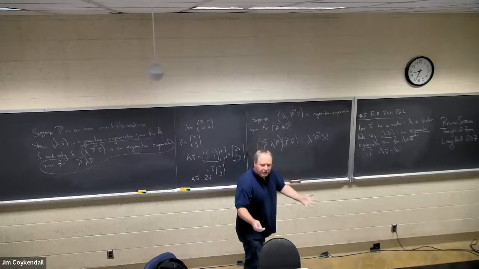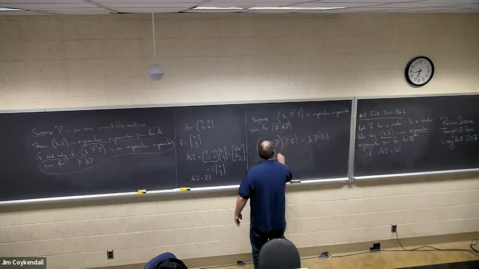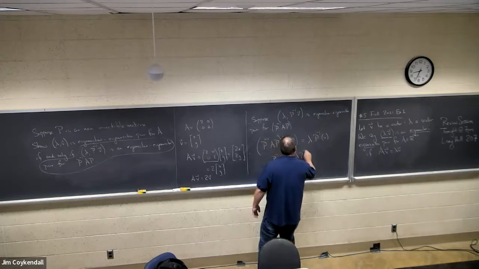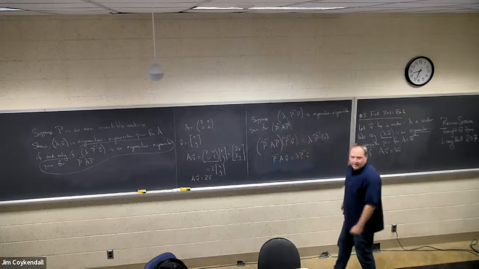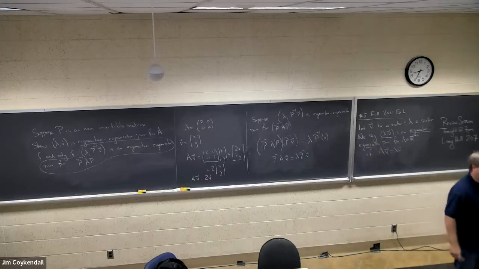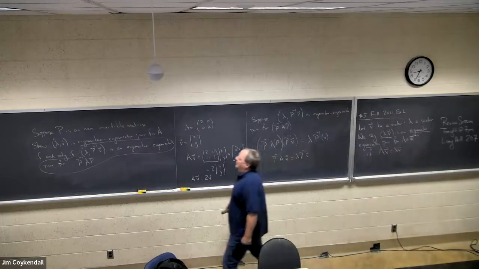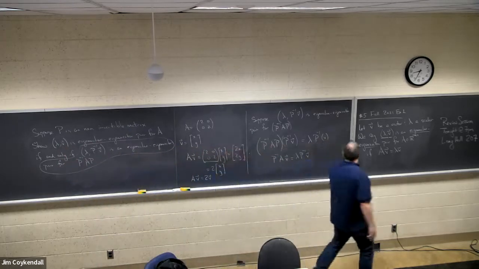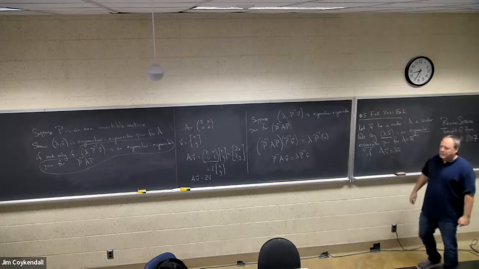If I massage this a little bit, I get P inverse A V equals lambda P inverse V. Everybody okay with that? And remember where we're going. We need to somehow get the equation A V equals lambda V. Anybody see how we might do that?